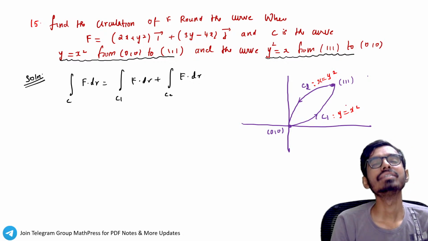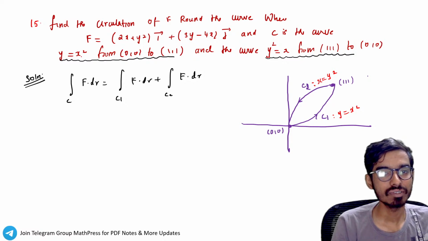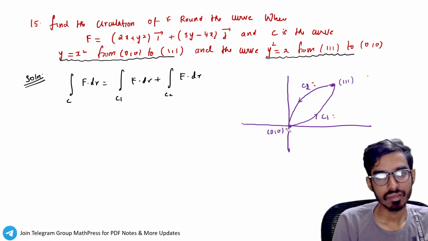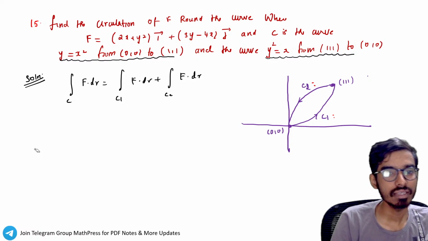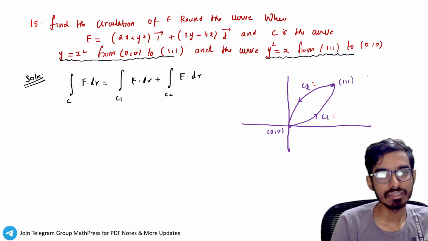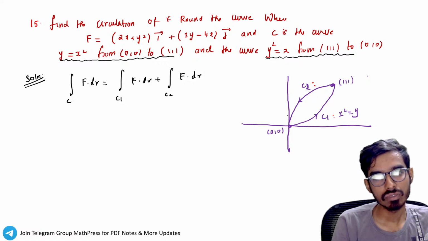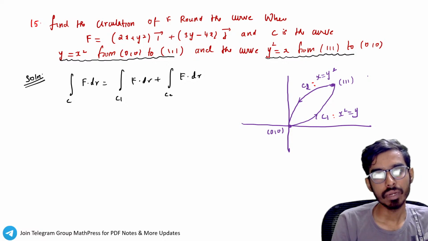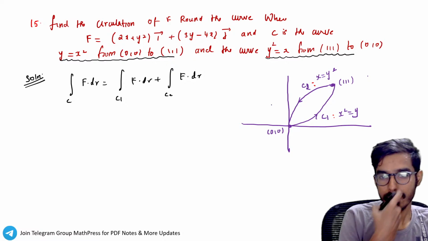Sorry, this is C1, which is x square is equal to y, an upward parabola, and this is y square is equal to x, an open rightward parabola. So we need to evaluate the integral over these.